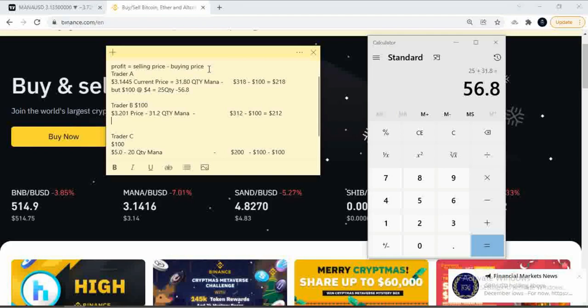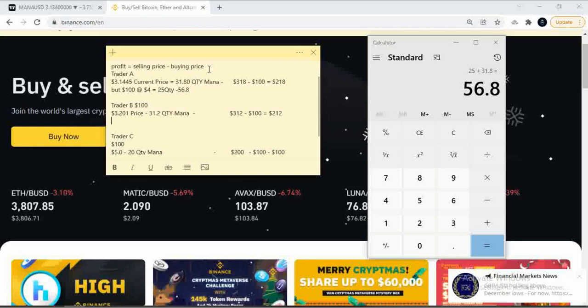So if we go ahead, let's see what other things we could learn. Let's dive down into the chart. I've explained the basics for you guys, how it is done. You buy a quantity of an asset at a price, and you can sell at a different price and make money off it.